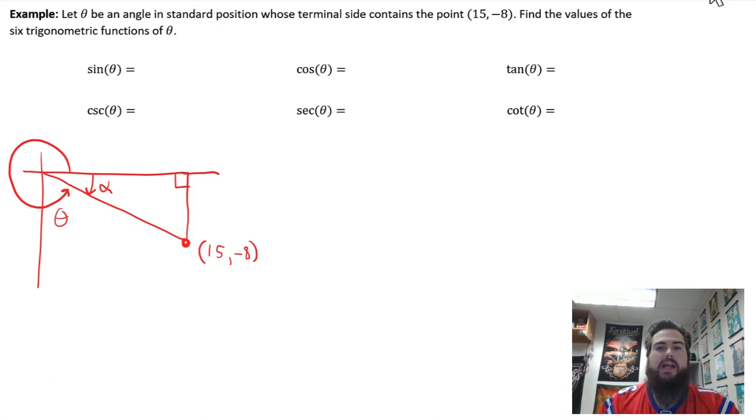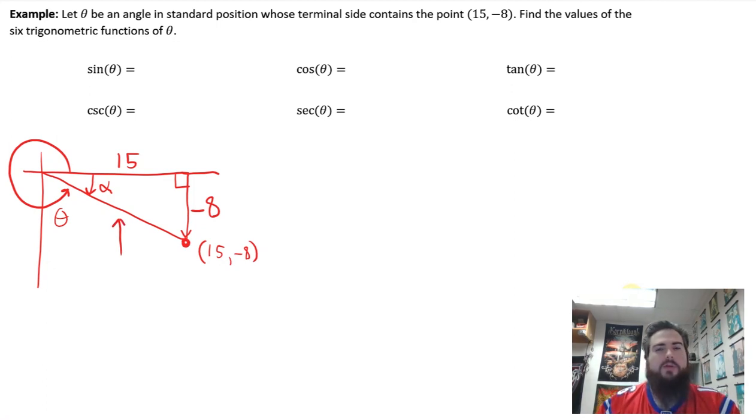For the triangle that I have drawn, the x side length would be a positive 15, and I can represent the y side length as a negative 8. Note that negative in this context just indicates the direction that this side length is going. It is going from the x-axis down in the direction of y, which is what negative means.